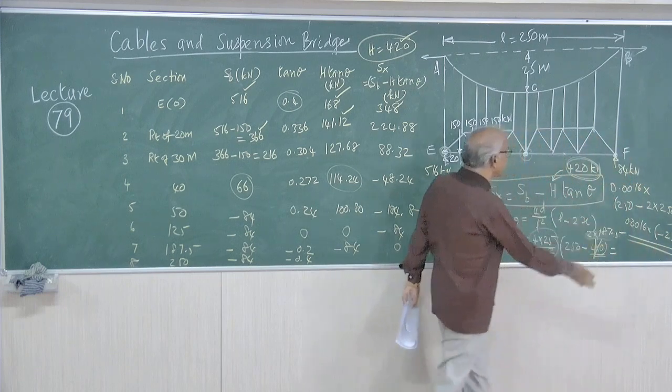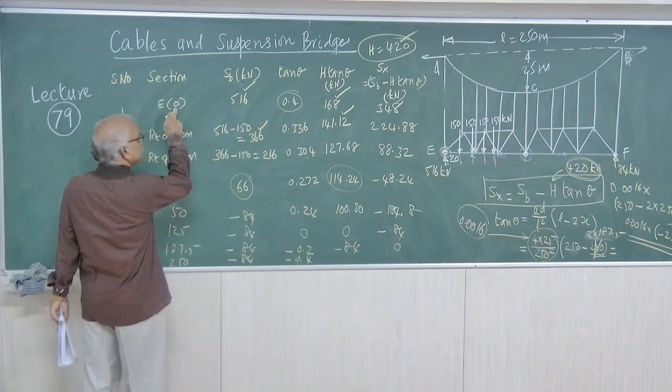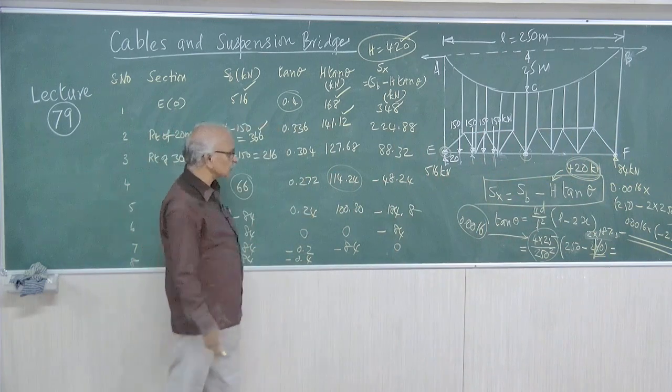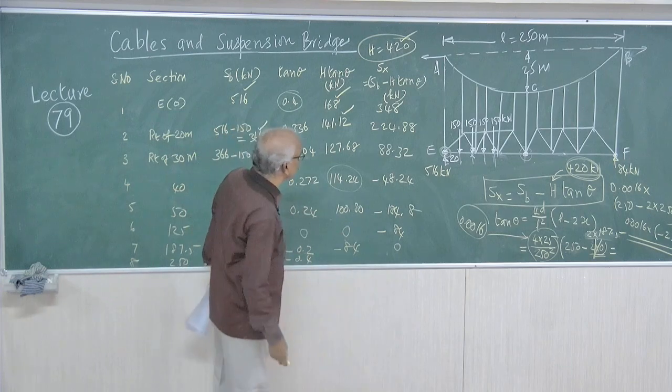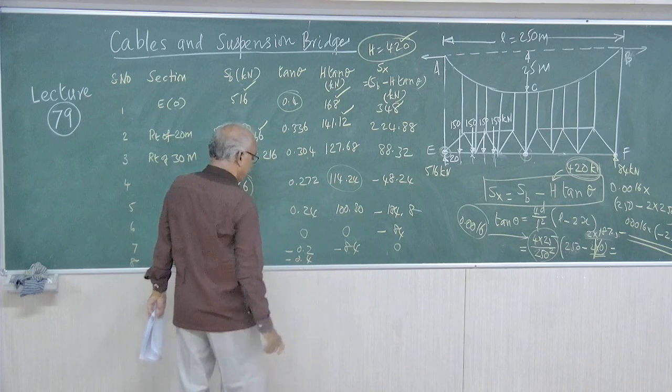That is why it is minus 0.4. Now here, when this is 0, that is plus 250. Now it is minus 250. Therefore, here it is plus 0.4, and here it is minus 0.4.